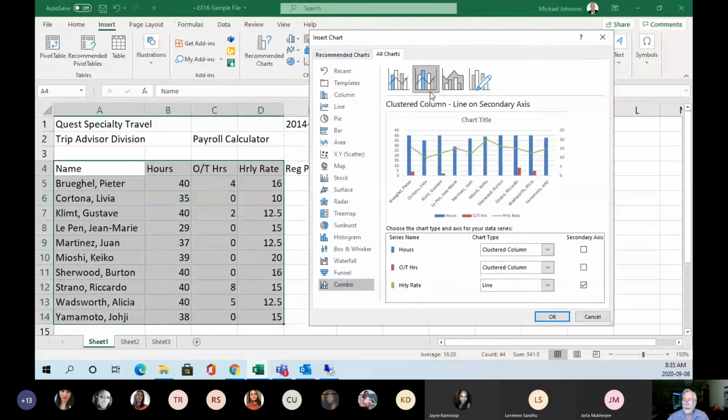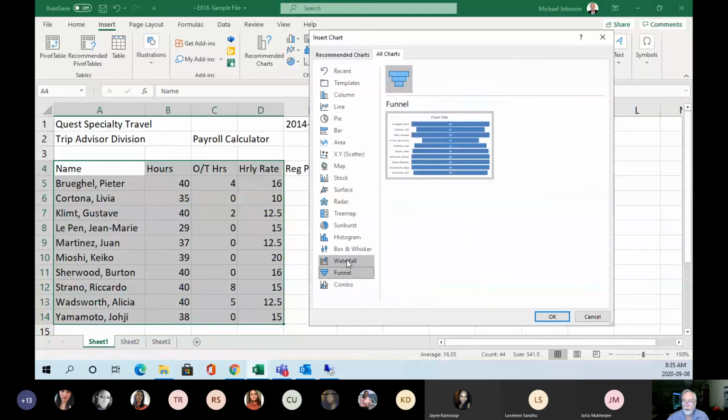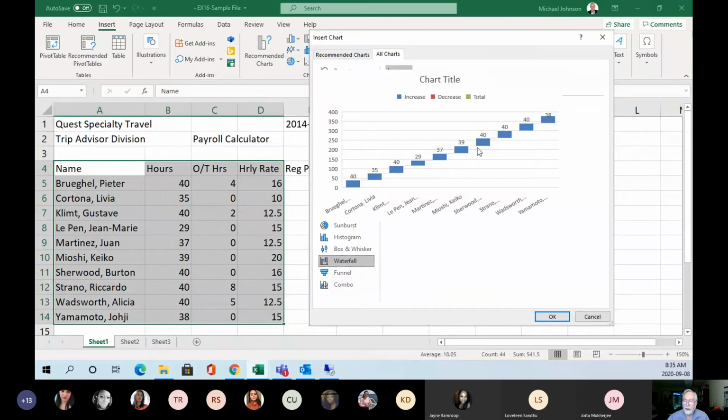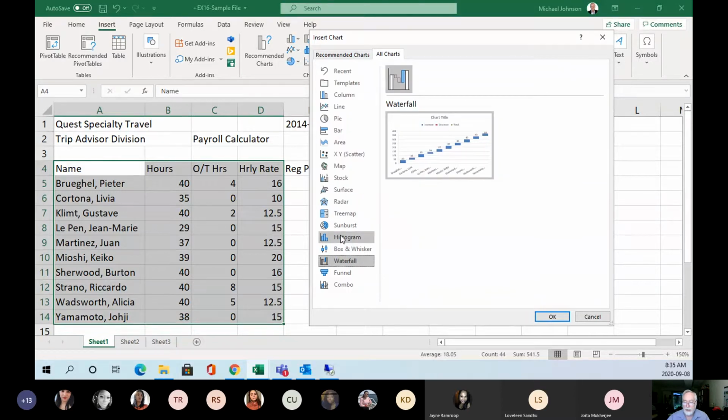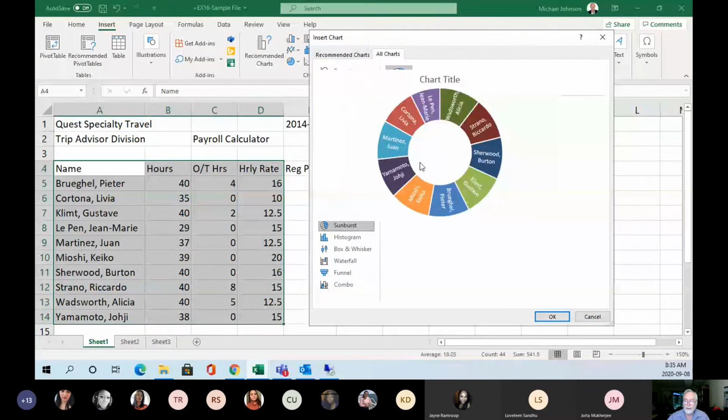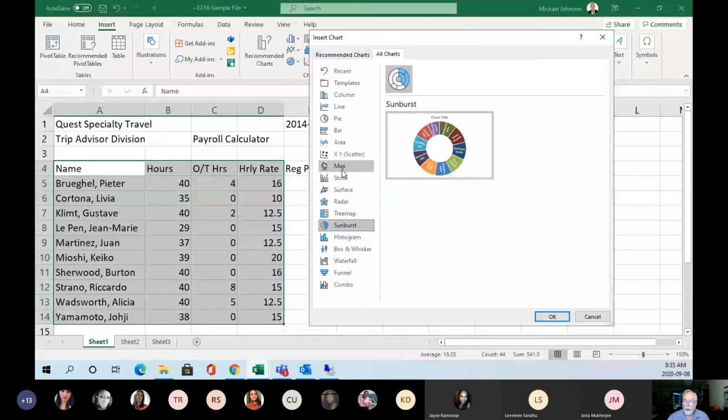Piece of cake. So columns are really fascinating. We could have a lot of different things here, waterfalls. This is great if you happen to be doing something special where you needed that kind of information. Histograms, we can have the sunburst. In other words, you can see each section of your particular chart.